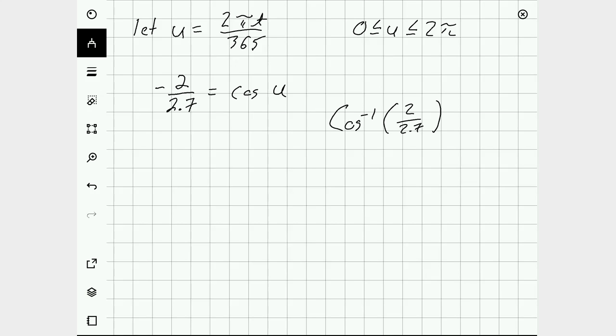I will grab out my calculator at this point and evaluate the inverse cosine of 2 divided by 2.7. As I often do when I'm working with trigonometric functions, I'm going to ignore the fact that I have a negative value here and deal with that after I find the value of the reference angle.